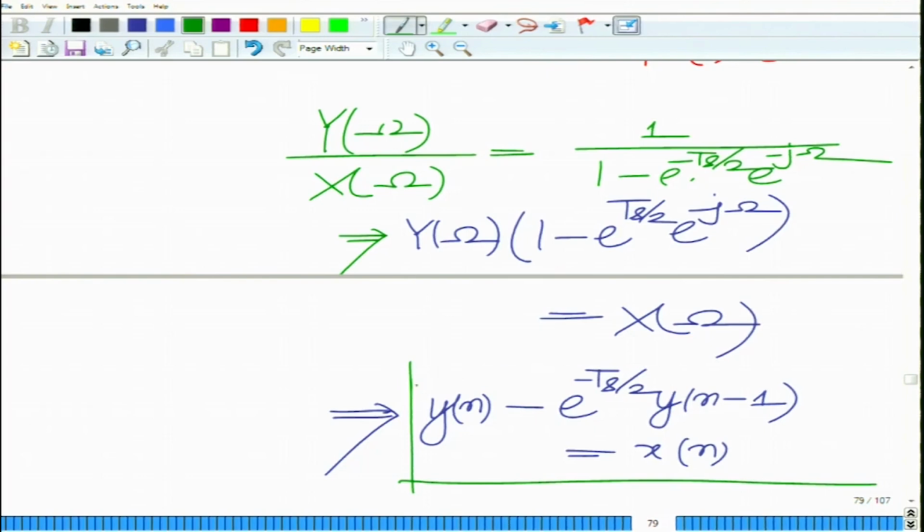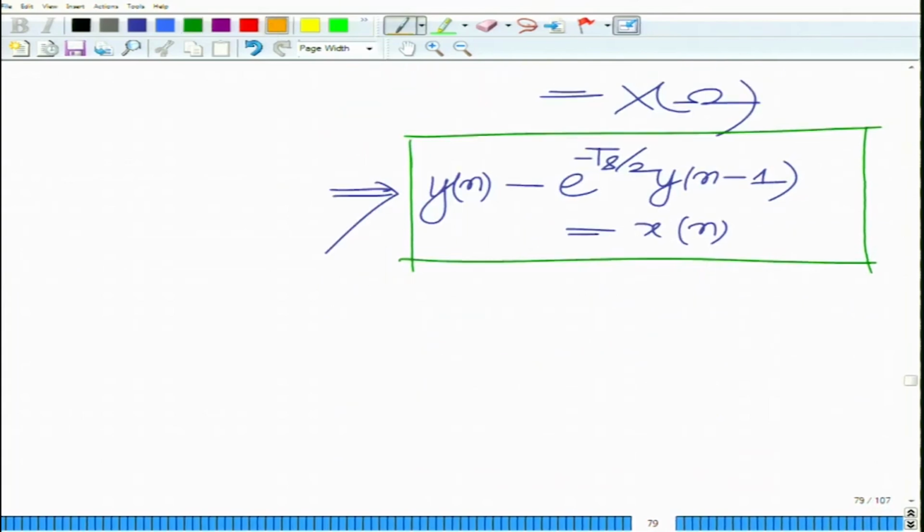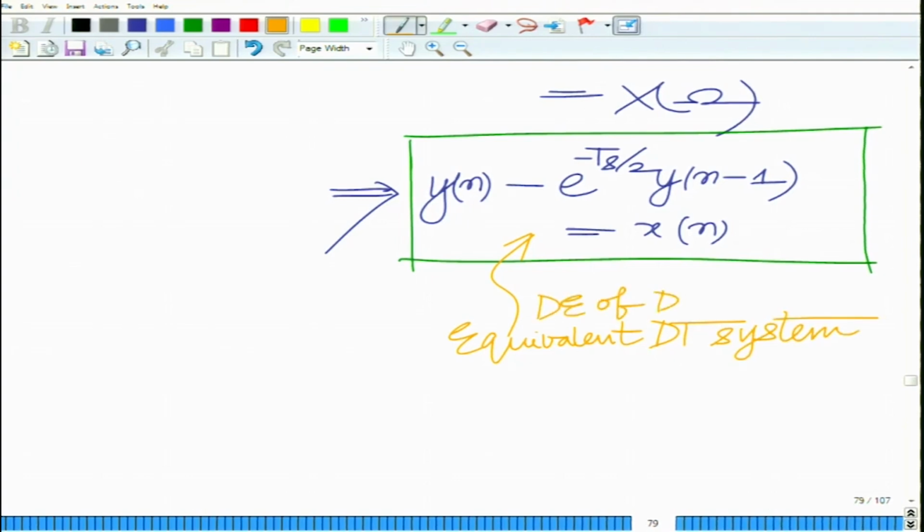This is the difference equation of the equivalent discrete time system. Alright. So, we have found the impulse response, transfer function, as well as the difference equation that describes the equivalent discrete time system obtained by sampling the impulse response of the continuous time LTI system.